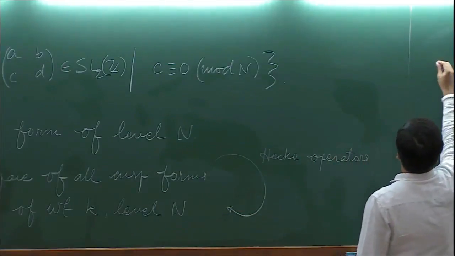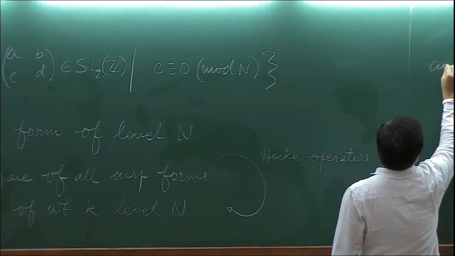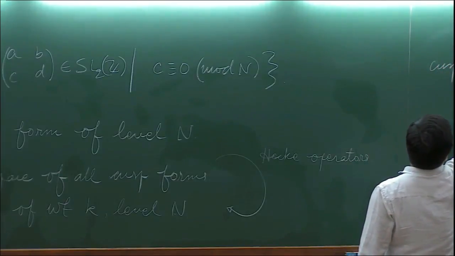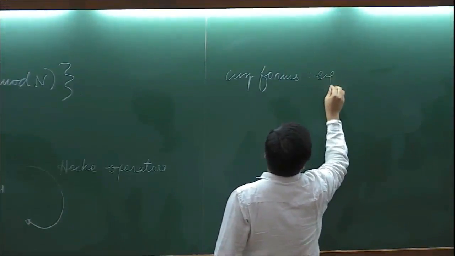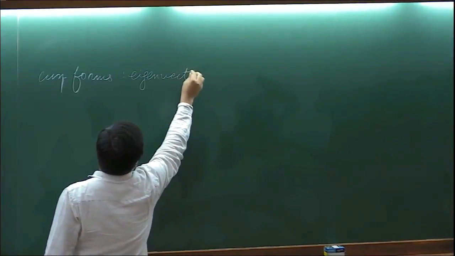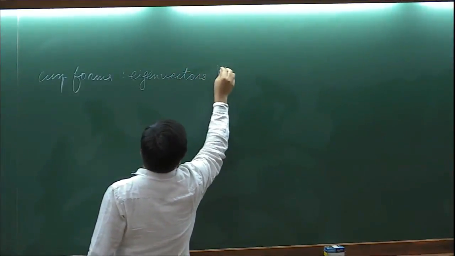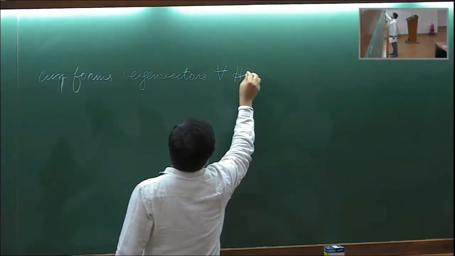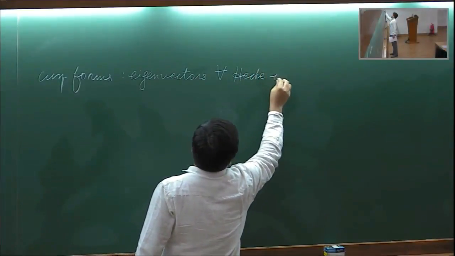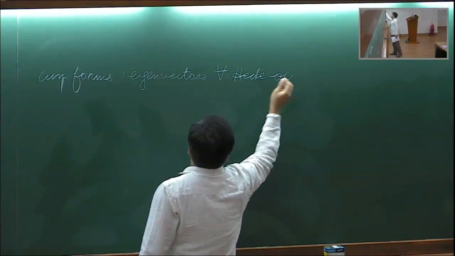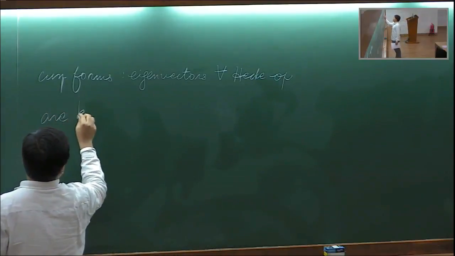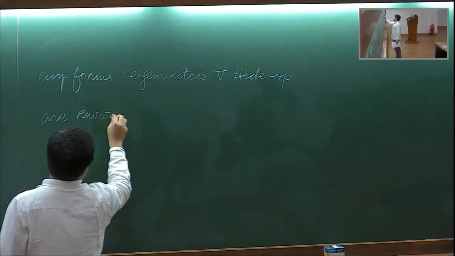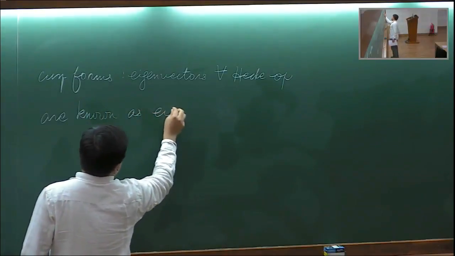So cusp forms which are eigenvectors for all Hecke operators are known as eigenforms.